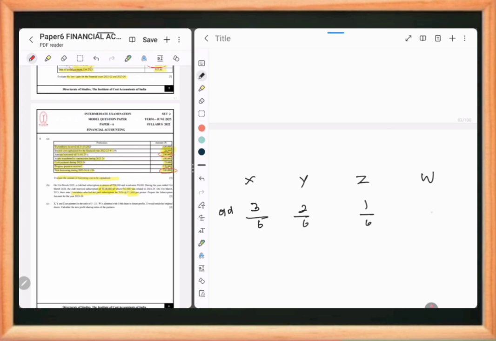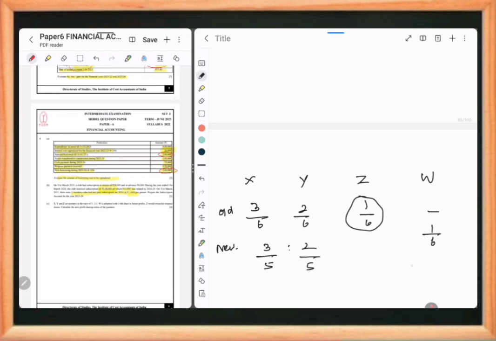Understand? W is the new partner to whom the share given is 1/6. Z will also hold the same 1/6. So the sacrifice will be only between X and Y. So X and Y is 3:2, so sacrificing 3/5, 2/5.